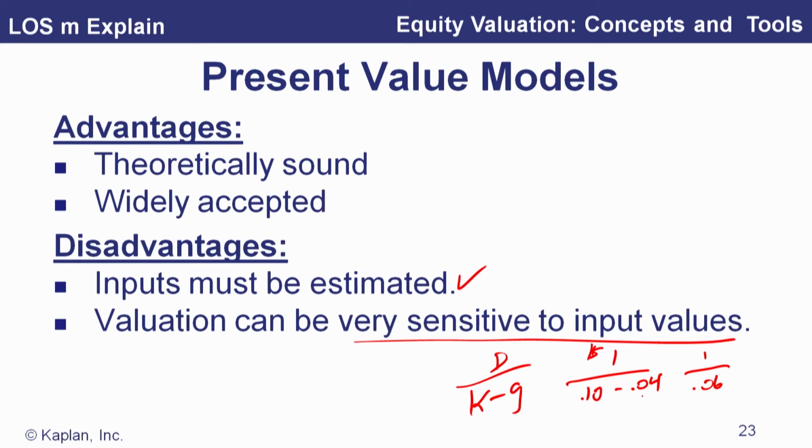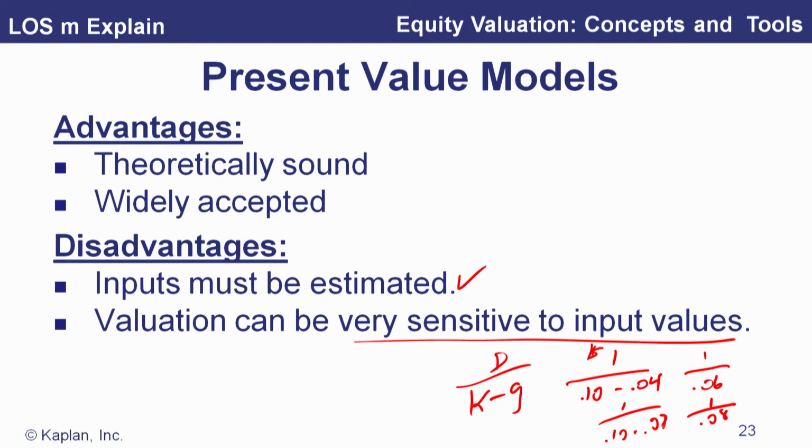Now, what if we were wrong about that growth rate? If we were wrong about that growth rate and it's 2% rather than 4%, then we get 1 over 10 minus 0.02, and so our valuation is $1 over 0.08.